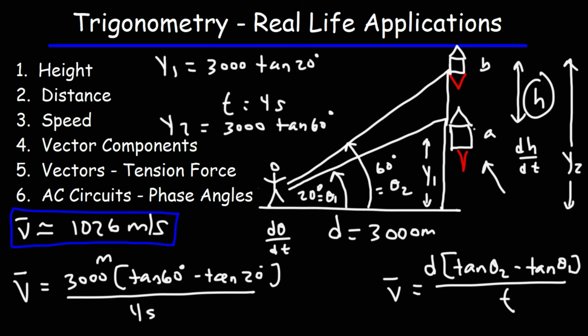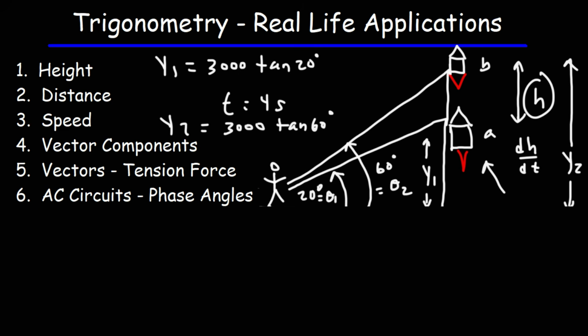Now, if you want to calculate the instantaneous speed of the rocket, you need to combine trig with calculus. Let me give you an example of how you can do that. This example won't take too long.